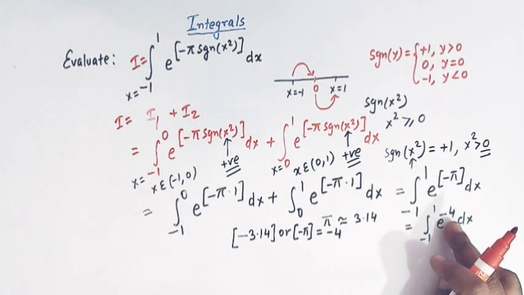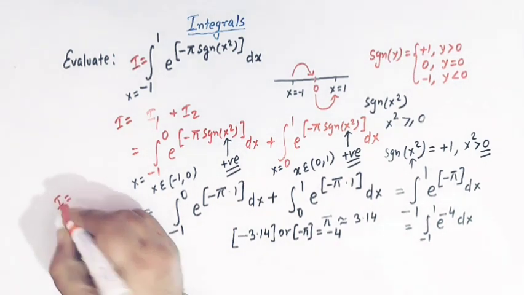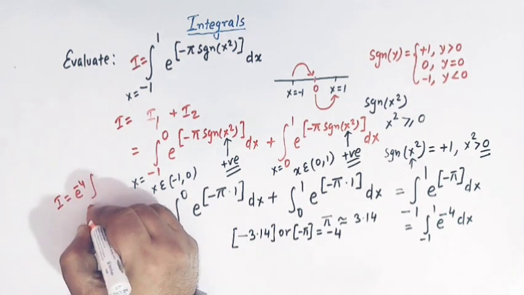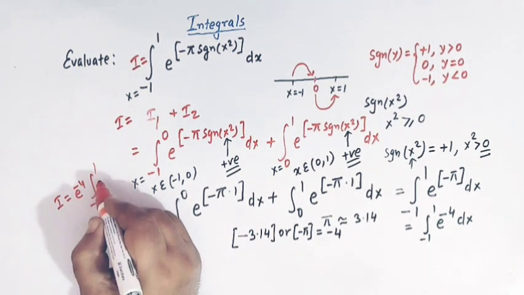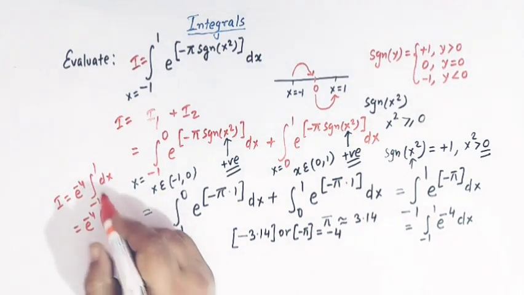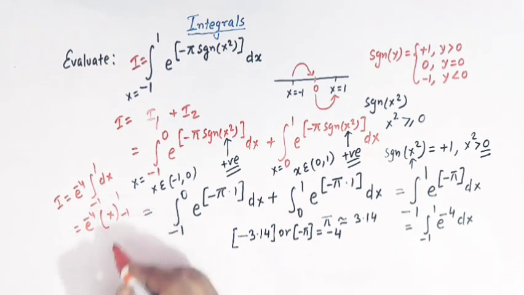So now e raised to minus 4 is a constant, so we can take it outside the integral. We have e raised to minus 4, integral from -1 to 1, and here we have dx. So e raised to minus 4, the integration of dx is x, limits are from -1 to 1.